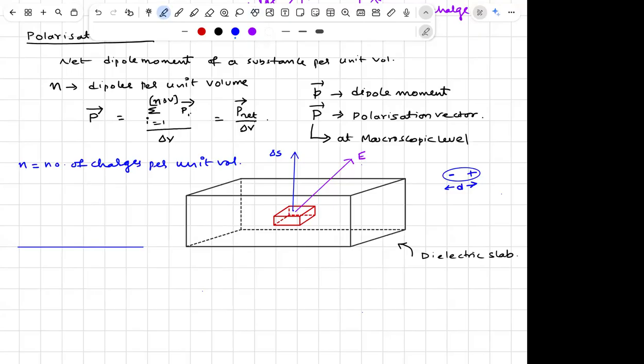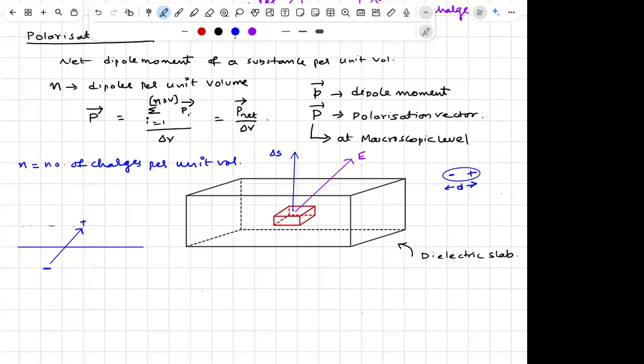On the surface, delta S area, these molecules exist. When you apply the electric field, orientation takes place. Because of this orientation, the positive side will move above the surface and the negative side below the surface.